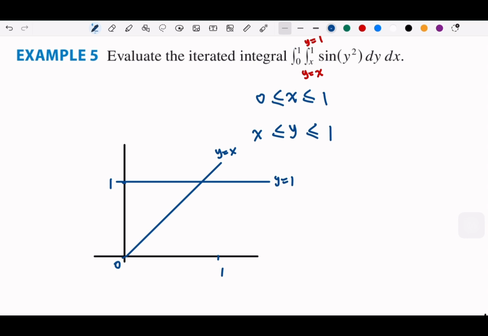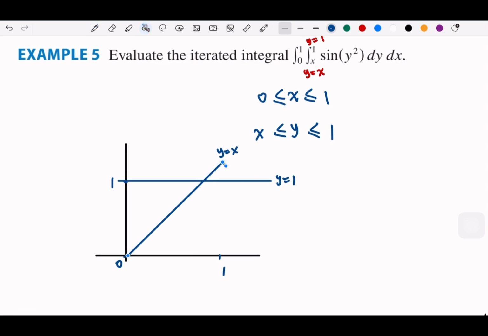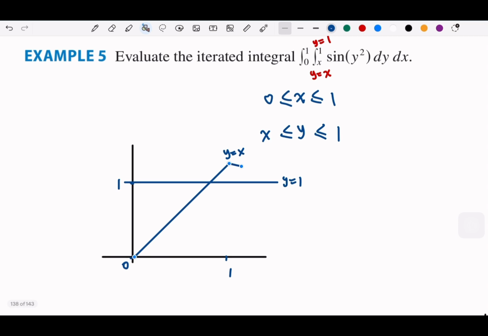Let me change this, maybe that will be better.